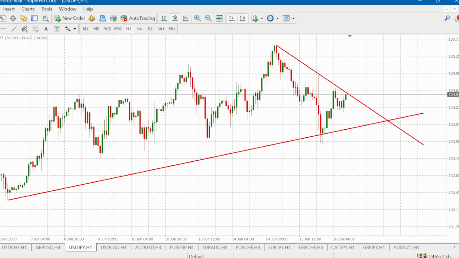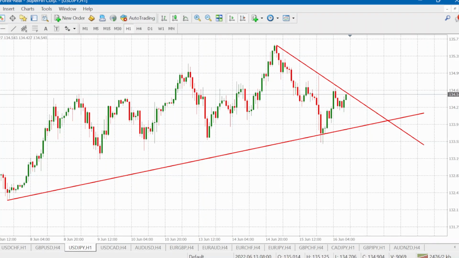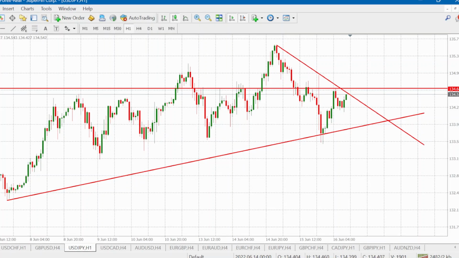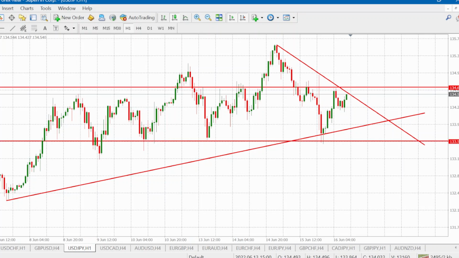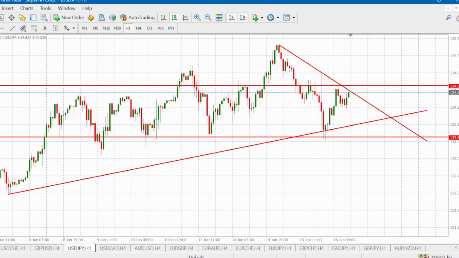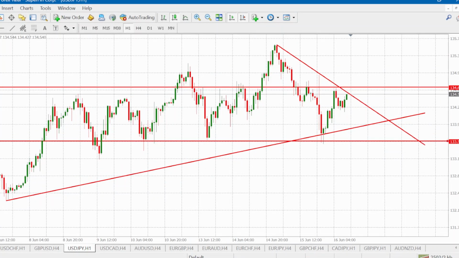Let's do the support and resistance levels. Nice.